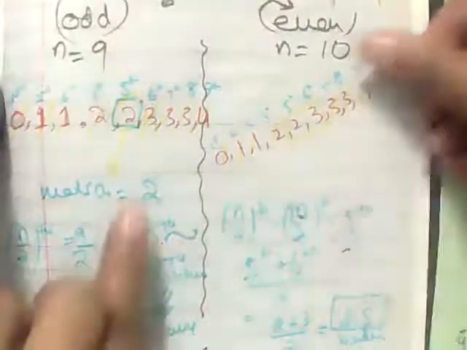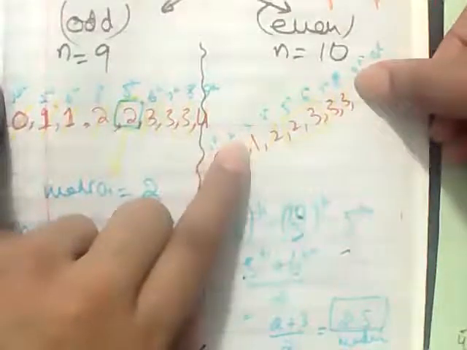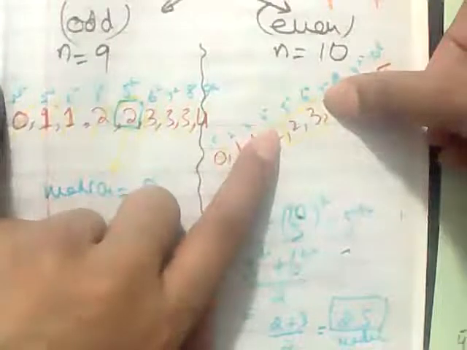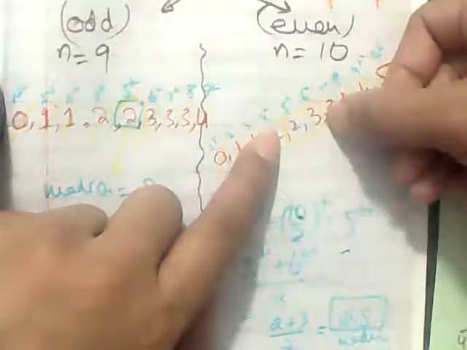I again use the childish method. I start cancellation here, here, here, here. So what am I left with? 2, 3, right? I'm left with two values in the center.